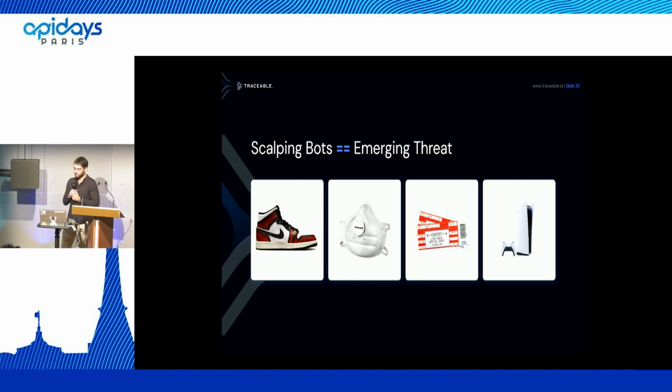It's basically a bot whose goal is to buy all the stock for a specific item that is in very high demand. So, for example, with PS5, once different merchants published the PS5, the scalping bots just bought all the stock and resold it on different websites for a much higher price. This is an emerging threat, and we see that the way scalping bots work is using APIs.